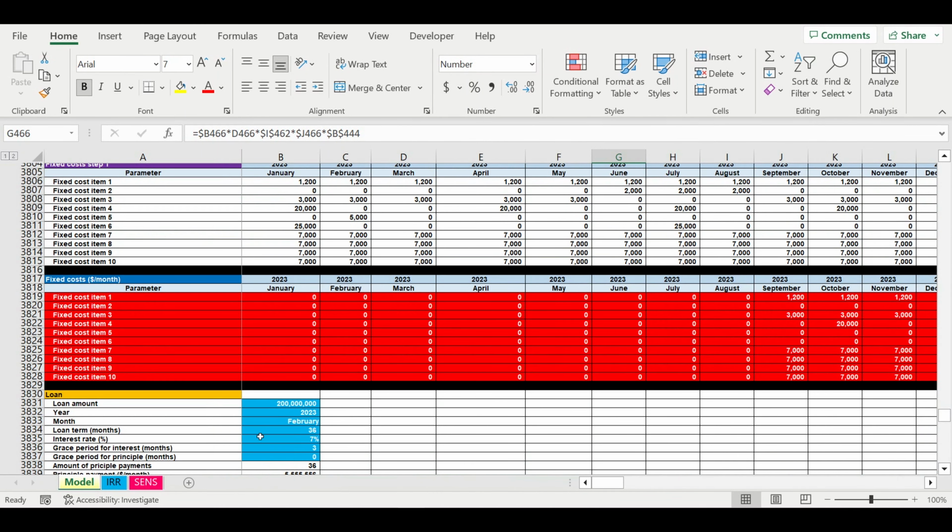We have a loan with an interest rate, and then we can press equals, then multiply, go to cents, and add this sensitivity analysis coefficient to the model. Then we press enter.